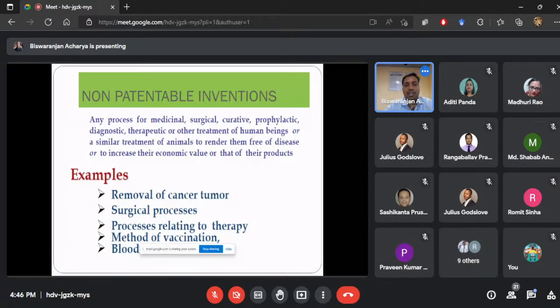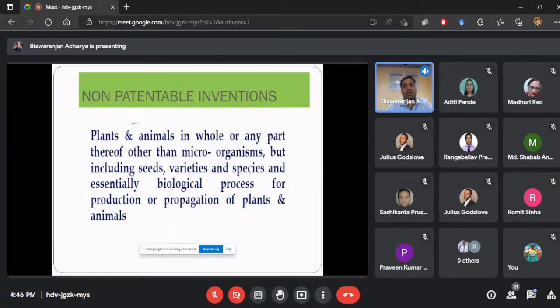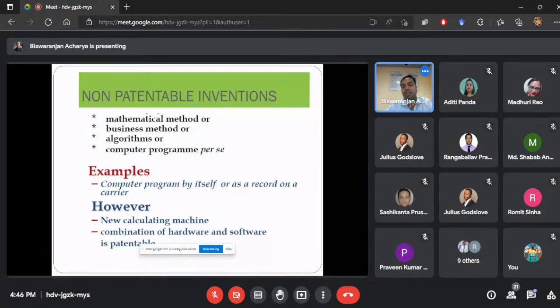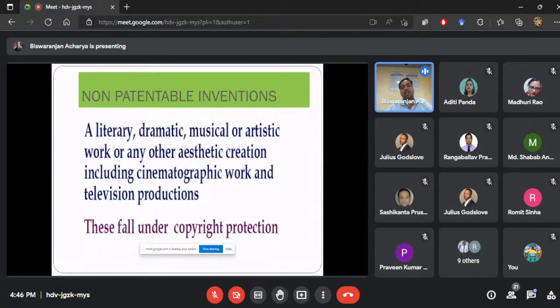Plants and animals in whole or any part thereof other than microorganisms, but including seeds, varieties and species, and essentially biological processes for production and propagation, cannot be patented. Mathematical methods, business methods, algorithms and computer programs cannot be patentable, but computer algorithms and mathematical methods can be protected by copyright. A literary, dramatic, musical or artistic work cannot be patentable, but it can have copyright protection.